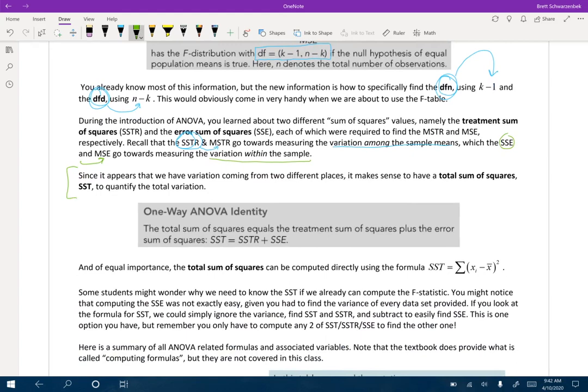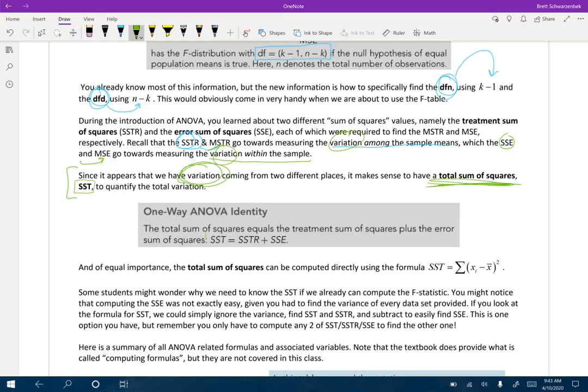So a new concept here, not super complicated, but it makes sense that if we have variation coming from 2 different places, we might want to look at the total variation. We call that the total sum of squares, which is SST.